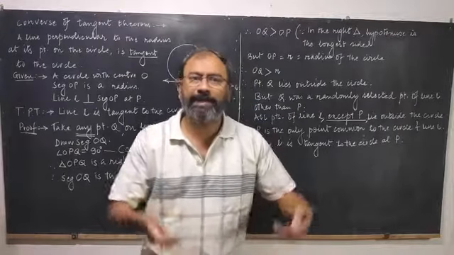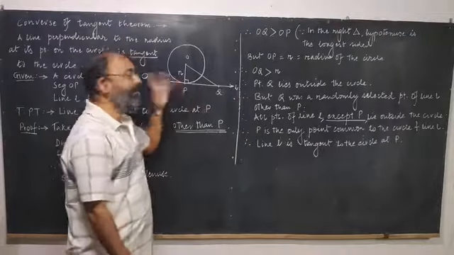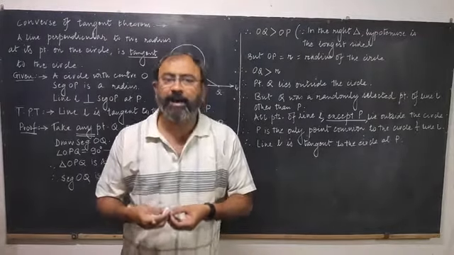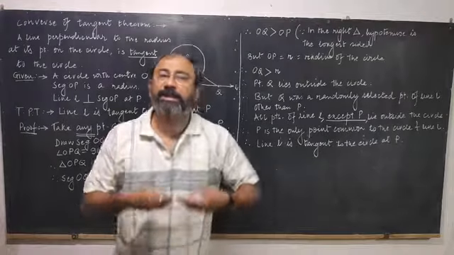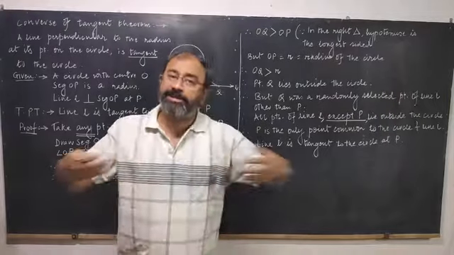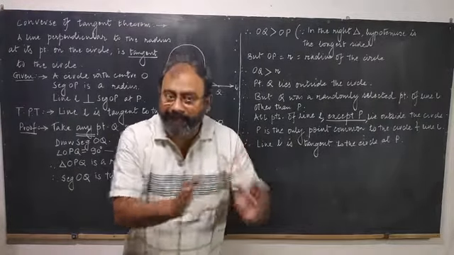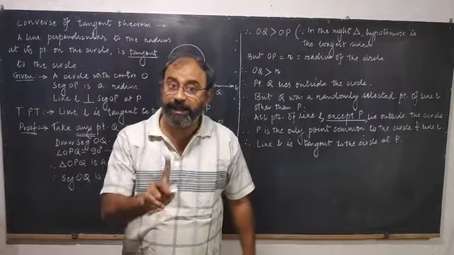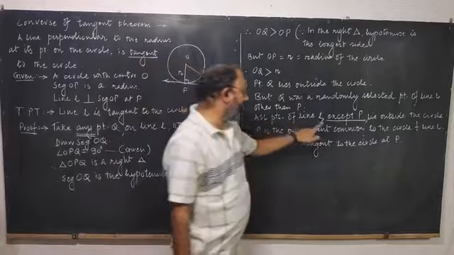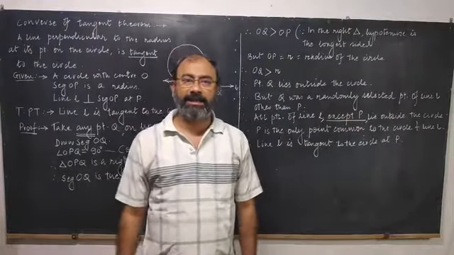It was a randomly selected point of line L other than P. तो हमने एक randomly selected point लिया था और पता चला वो point circle के बाहर है. That means all points of line L except P, क्योंकि P को छोड़ दिया था. Okay, therefore all points of line L except P lie outside the circle.